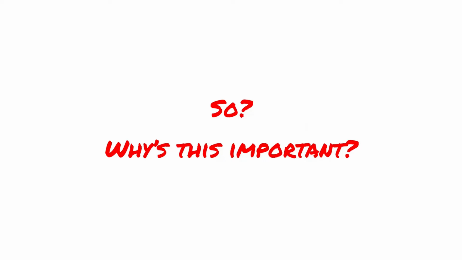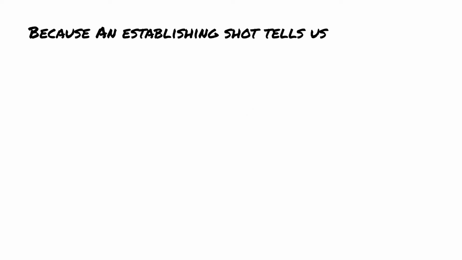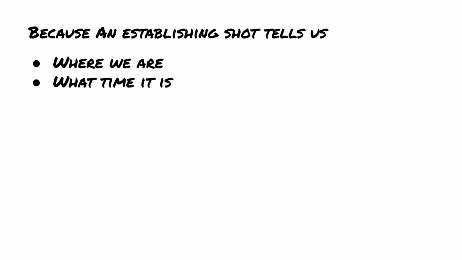So I think this is an establishing shot, and I think this is a wide or a long shot. Essentially, we're showing more of the environment. Why is that important? Well, the establishing shot tells us stuff. It tells us where we are, what time it is, like the time of day, but also what point in history are we in? Are we in the future? Are we in the past? Are we in primordial soup? Are we a week last Tuesday? Who's there?